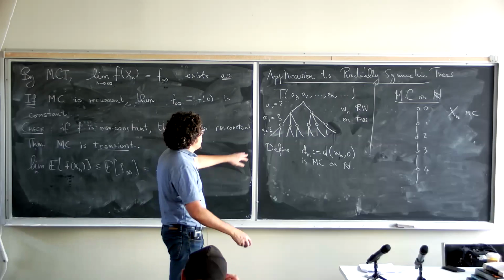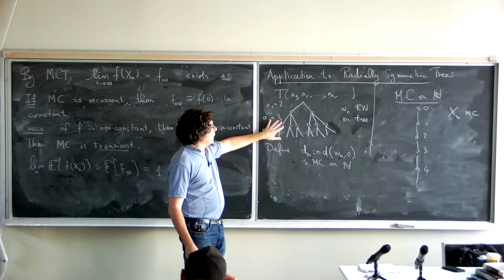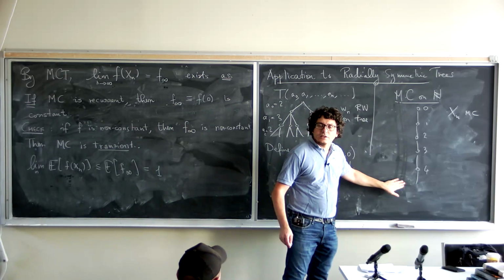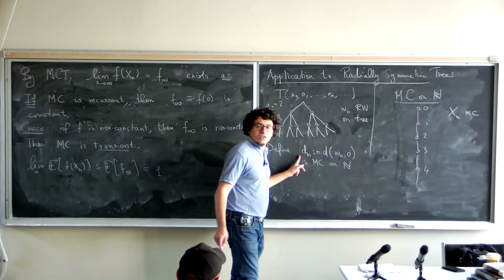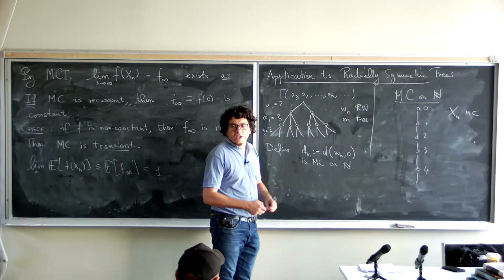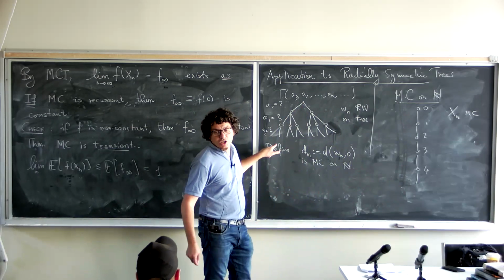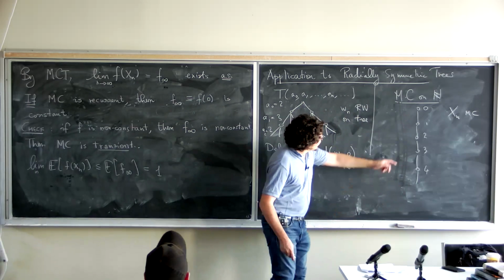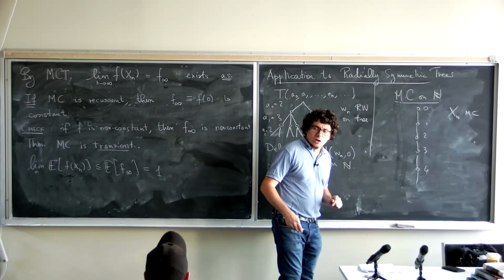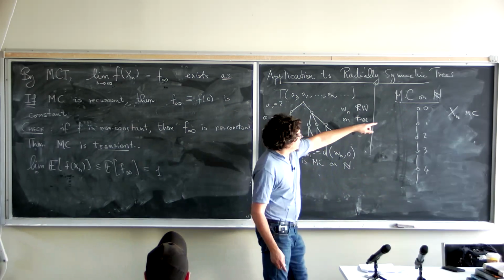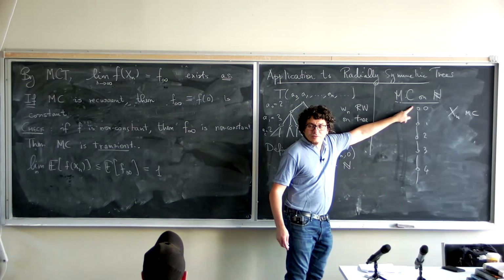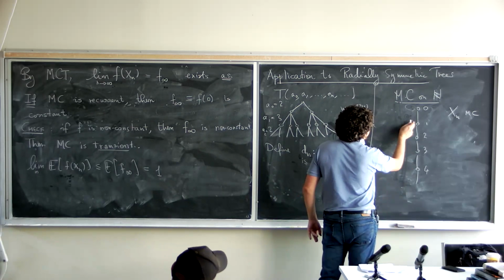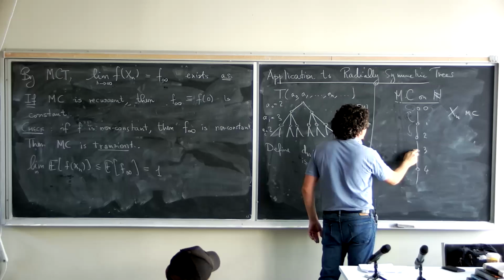Yeah, we start with the random walk on a tree, and I can construct a Markov chain on N. And the way is you just look at the distance, right? So at each step, instead of recording the position on the tree, you just record the distance. This is a number. And so you're somewhere on here, at least if you're not at 0, because the way we set up the Markov chain before is that if we are at 0, we go back.